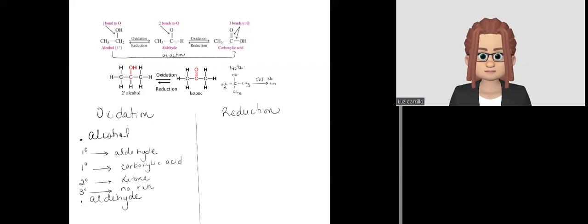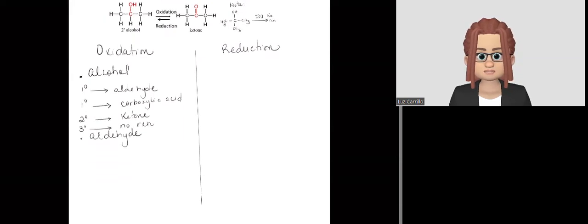In the case of a primary alcohol, an aldehyde or a secondary alcohol, that carbon that is holding the OH has a hydrogen atom. You can observe it here for the secondary alcohol. Here, the primary alcohol has 2. In the case of the aldehyde, we don't have an OH, but that carbonyl is connected to 1 hydrogen. So that's why these oxidations can occur.